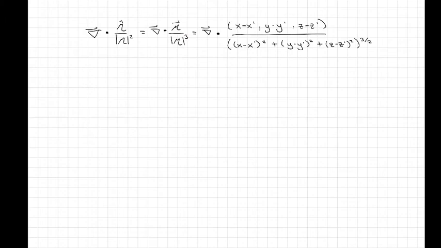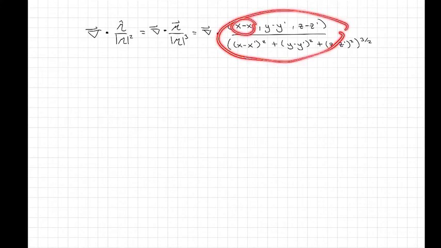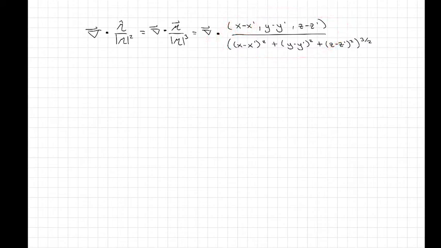All right, let's just look at one component. This part of it is still a vector, but let's just look at this x component. So let's just apply our del operator to the x component, to make our life a little bit easier. When you do that, it's kind of a nasty derivative.